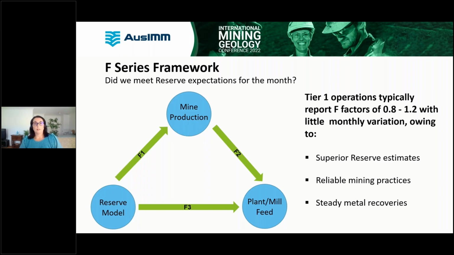Accordingly, achieving that near unity ratio, that near 1, means the reserve model predicts both mine production and plant feed production well. So we absolutely want to get it down to around 1, but not spot on 1, because that will trigger some questions to be asked.